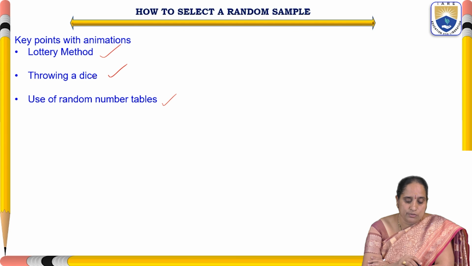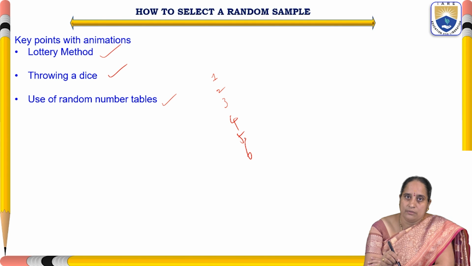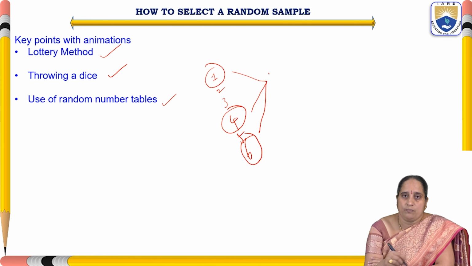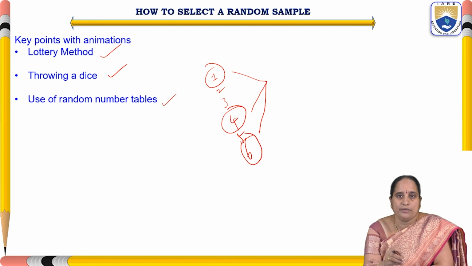And in the case of throwing a dice, when you throw a dice or roll a drum, you cannot say what number you are going to get. On a dice, we have 1, 2, 3, 4, 5, 6. When you throw a dice, sometimes you may get 1, sometimes 4, sometimes 6, like that. That's how we select some of the sample units randomly from the population.